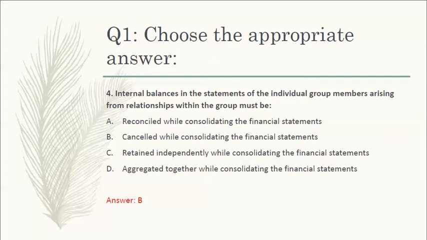The answer here is B, as internal balances in the statement of the individual group members arising from relationship within the group must be cancelled while consolidating the financial statement.